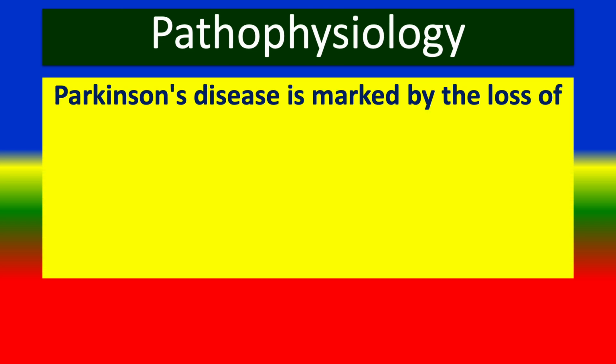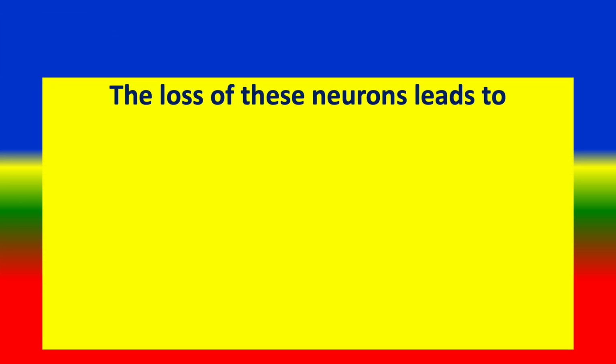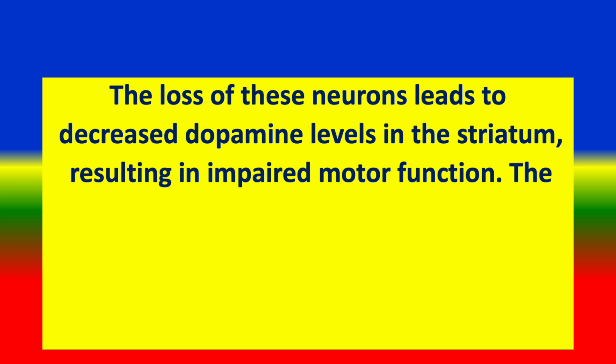Pathophysiology: Parkinson's disease is marked by the loss of dopaminergic neurons in the substantia nigra pars compacta. The loss of these neurons leads to decreased dopamine levels in the striatum, resulting in impaired motor function.